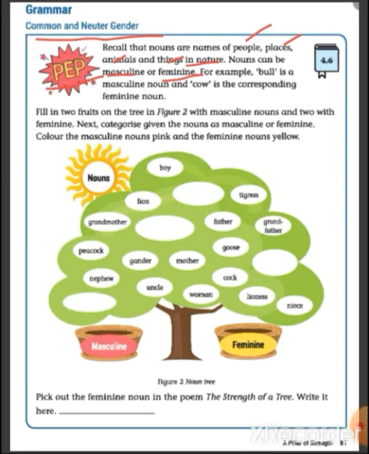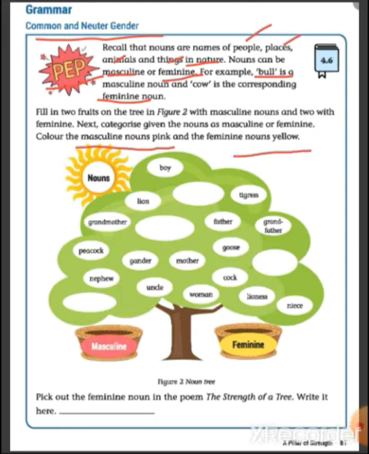For example, bull is a masculine noun and cow is the corresponding feminine noun. Fill in two fruits on the tree in figure 2 with masculine nouns and 2 with feminine. Next, categorize the given nouns as masculine or feminine. Color the masculine nouns in pink and feminine nouns yellow.